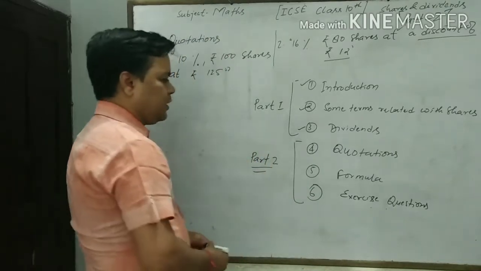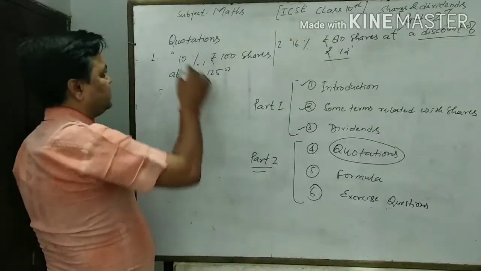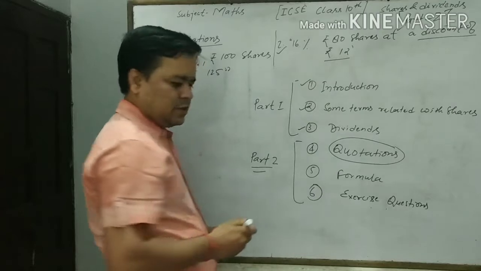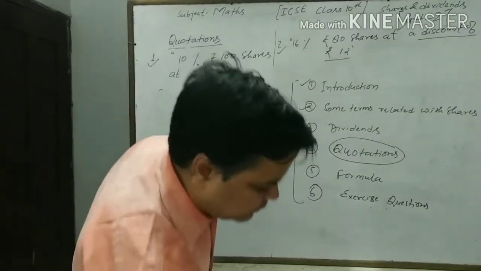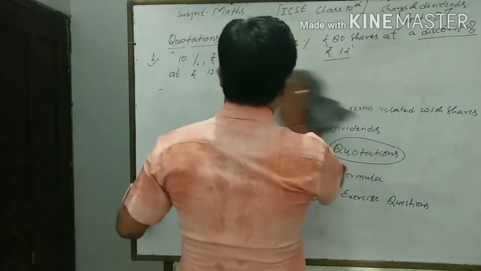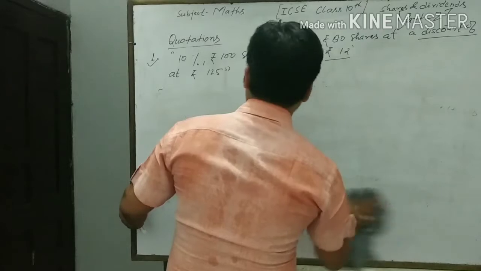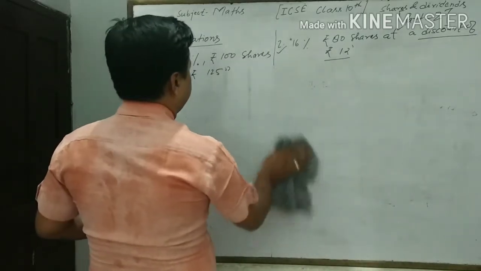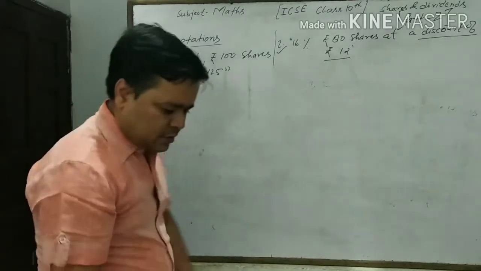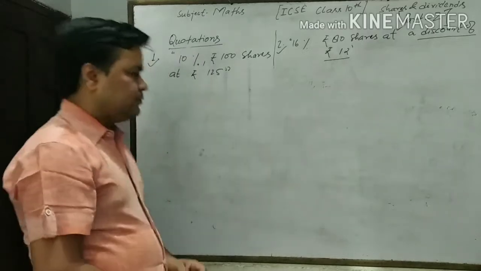First of all, we try to understand the quotation. In the first quotation, 10% rupees 100 shares at rupees 125, with the help of this quotation we try to find some values.